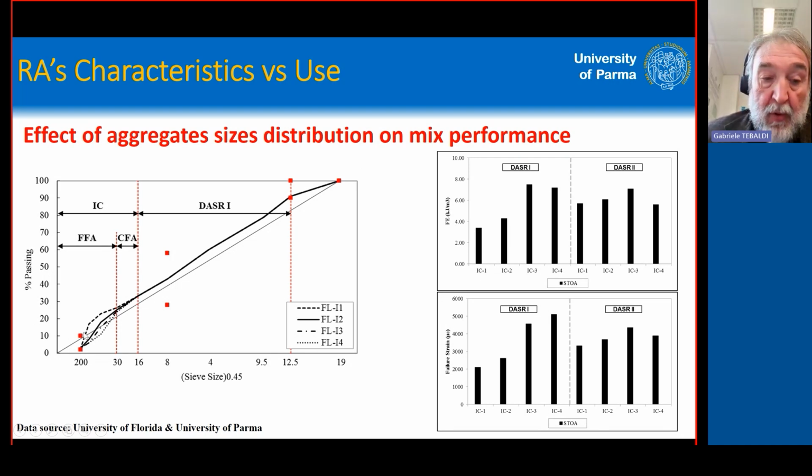So some small changes, only, I underline, only in the fine part of the aggregate, made a huge change in the fracture energy of the material and related failure strain. It means that only a very small change in the fine distribution changes a lot the final performance of the material.